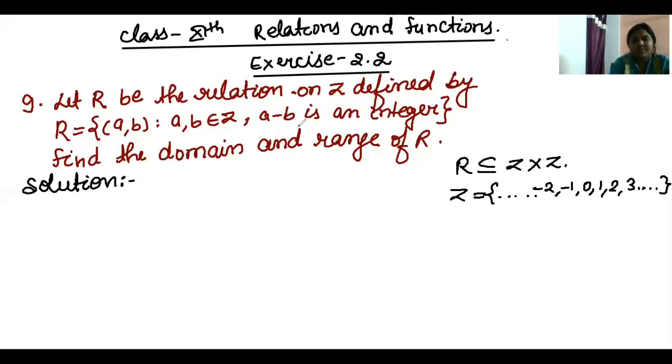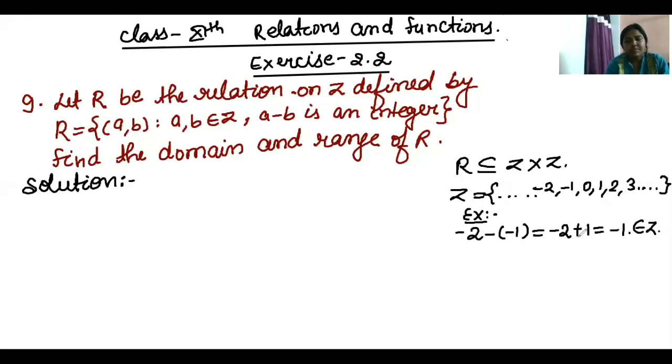Obviously, as an example, I am taking a minus b. a is an integer, b is also an integer. So I have taken a as minus 2 and b as minus 1. So the result is minus 2 minus minus 1, which is minus 1. So this is again an integer.